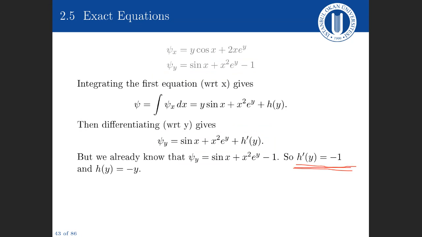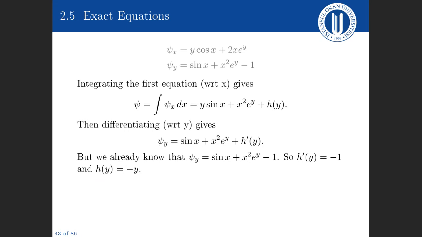We need to choose a function h which satisfies h prime is equal to minus 1. We don't need to find every possible h because we're going to be putting the constant in later. We just need to find one function which differentiates to minus 1. So we could take h of y is minus y.